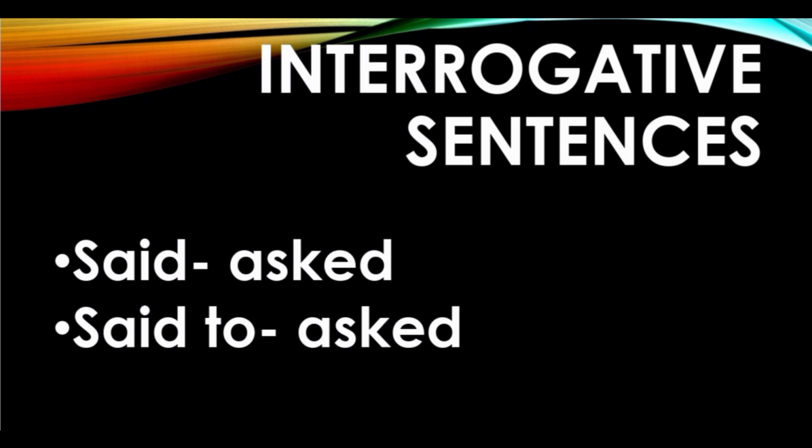Let's see what happens in the case of interrogative sentences. What is meant by interrogative sentences? Interrogative sentences are the sentences which have a question word at the beginning and there will be a question mark at the end of the sentence.